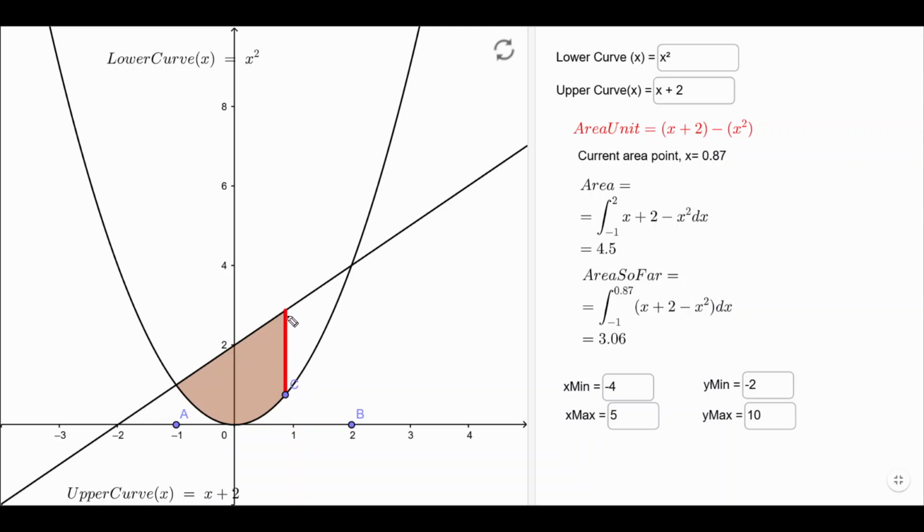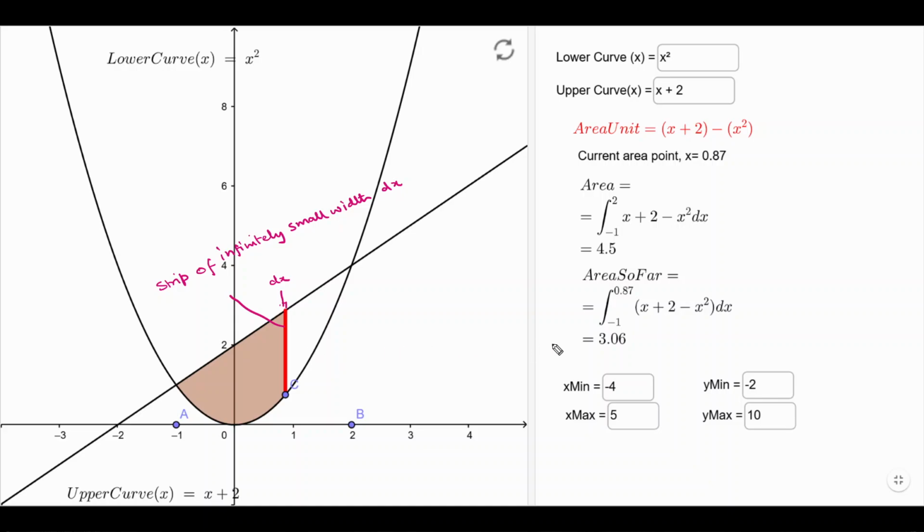The red line, the darker red line, can be assumed as a strip of infinitely small width, dx. So the width of this strip is very tiny and it is infinitely small dx.